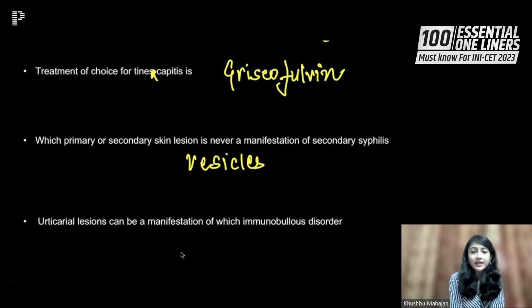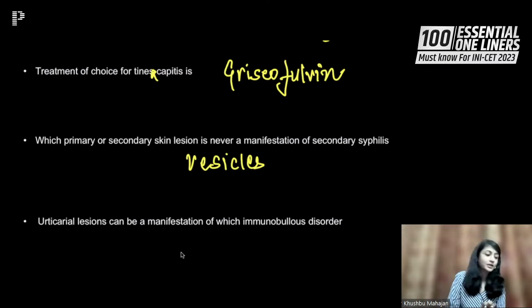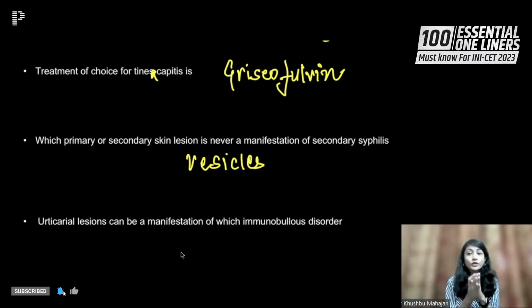No, it's not vulgaris. Okay, I'll give you a hint. That immunobullous disorder has a pre-bullous stage, which is characterized by development of urticarias. No, not linear IgA, not DH. Think. It is also called as the pre-bullous stage or the urticarial stage.